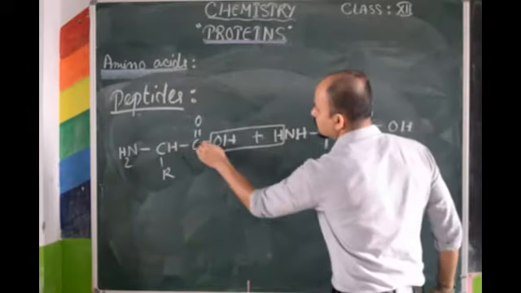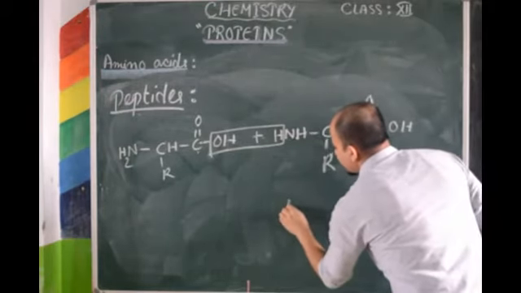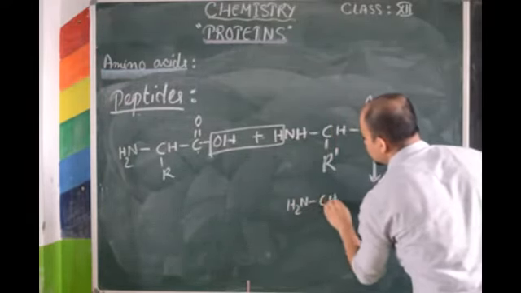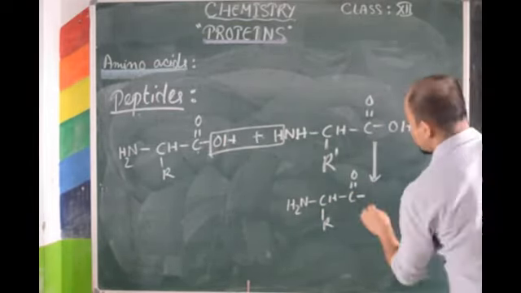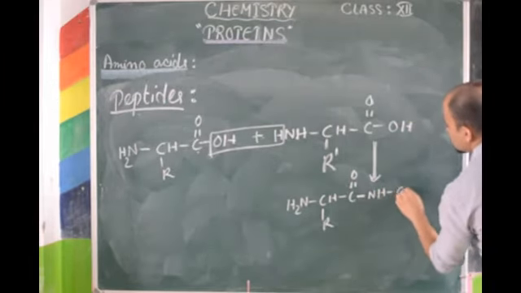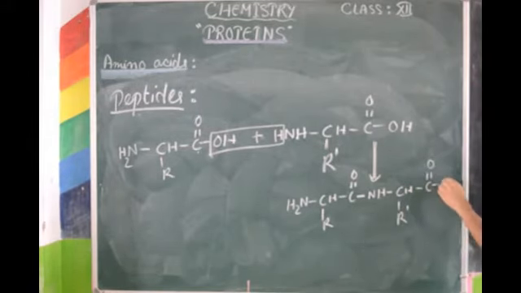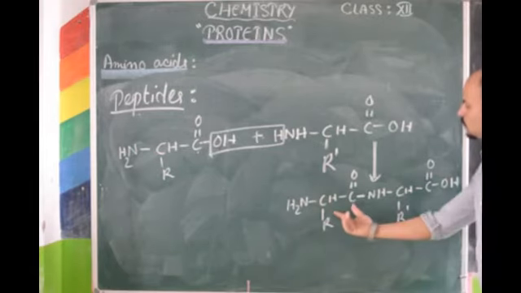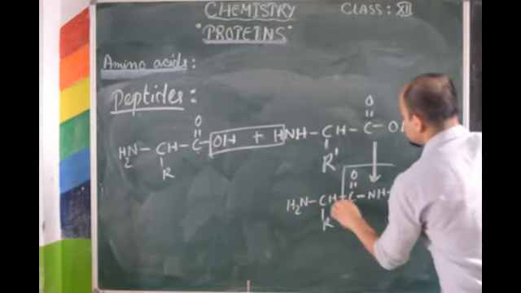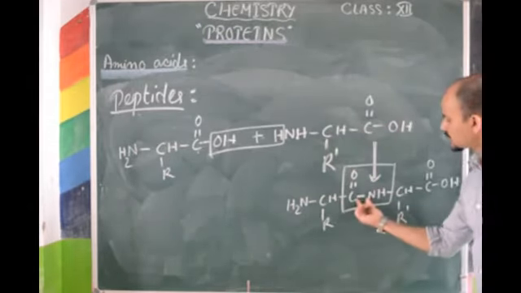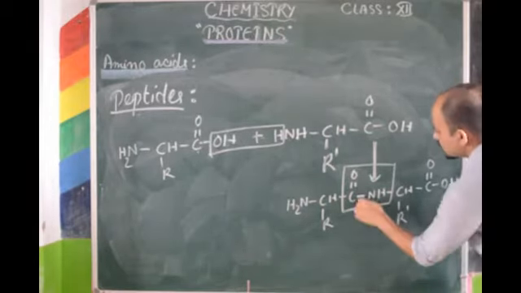That means a bond will be formed between this carbon and nitrogen. So let me write the product: H2N CHR C double bond O, then NH CHR dash C double bond O OH. Here the two molecules of amino acids have condensed together. This is the bond by which amino acids have condensed together. Therefore this is known as what?